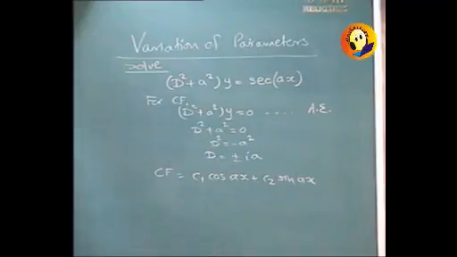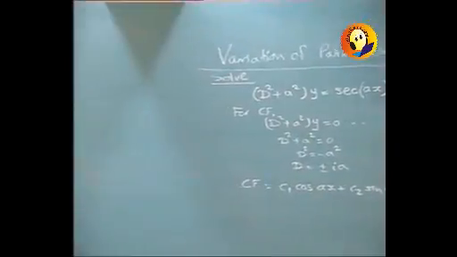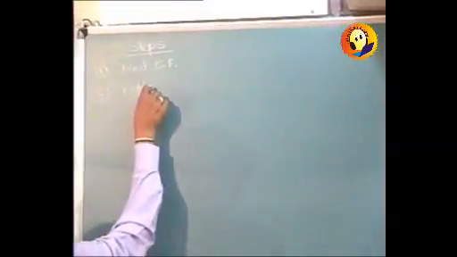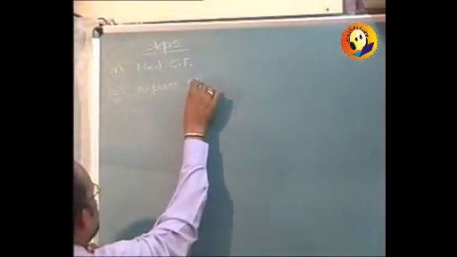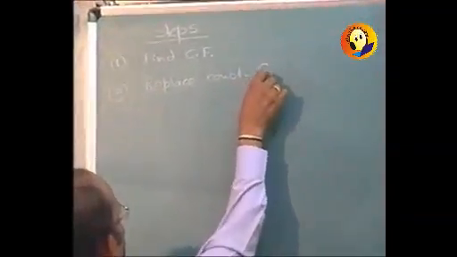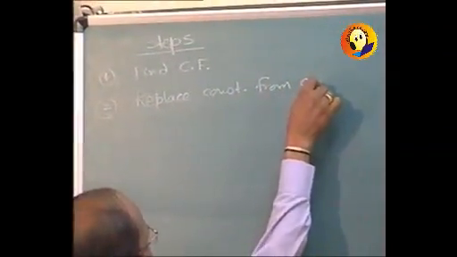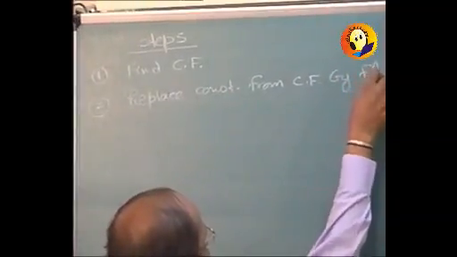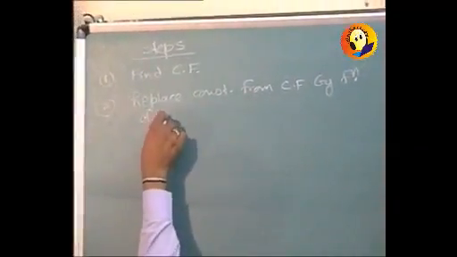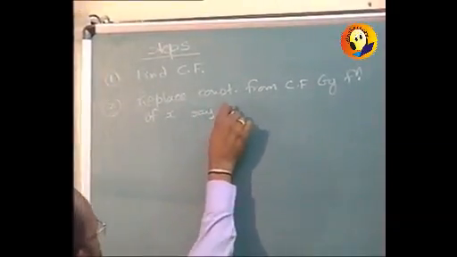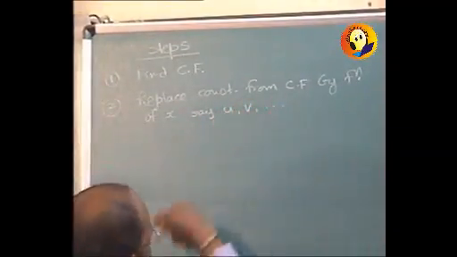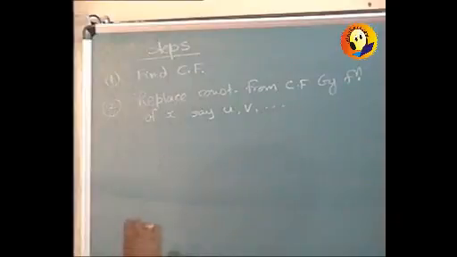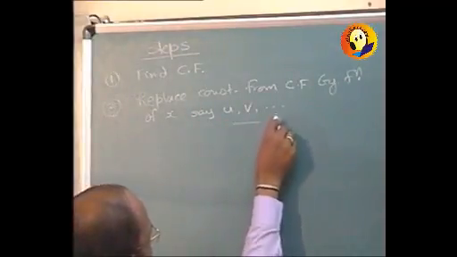Now step number 2 says to replace the arbitrary constants from CF by functions of x, say u, v, etc. This is going to be our assumption number 1.